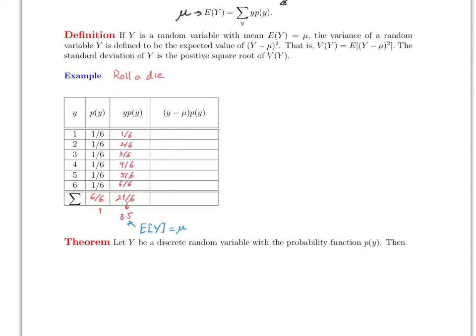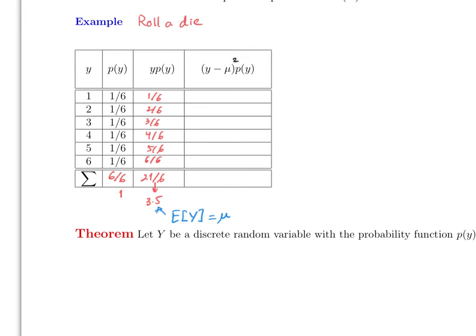And this is the expected value of y, which is also the mean. Since we have the mean, now we can use that to find the variance, and then the standard deviation. There is a square missing there. In this case, the first value for y is 1, so it will be 1 minus 3.5 squared, times 1/6. The next one will be 2 minus 3.5 squared times 1/6.